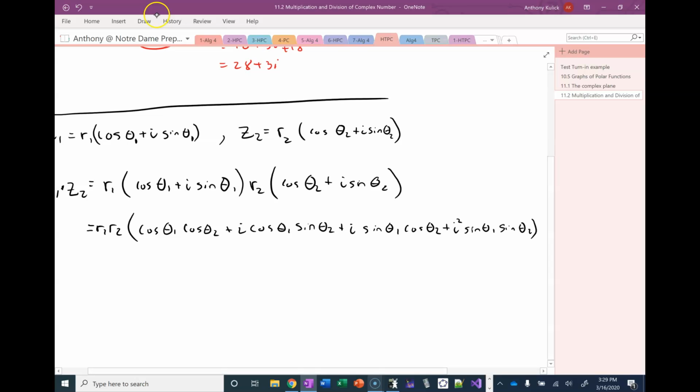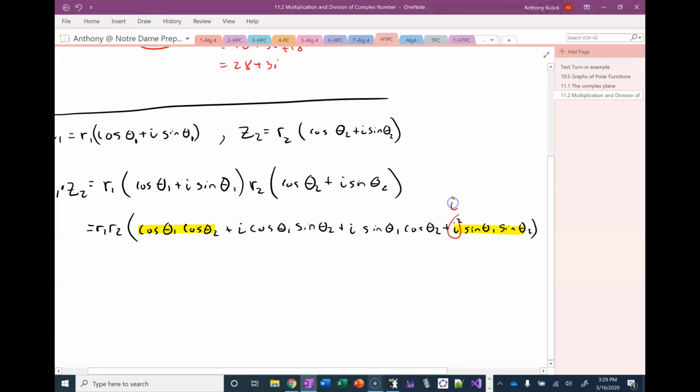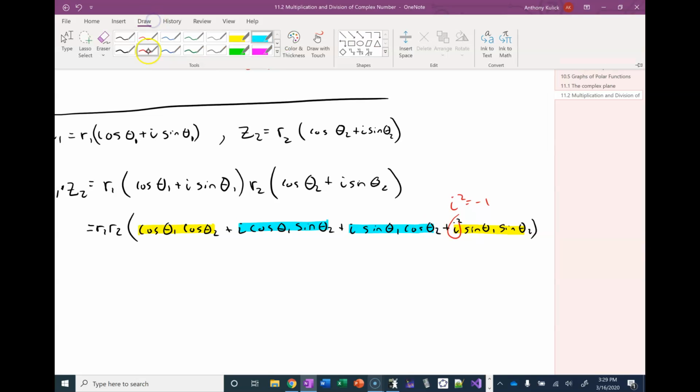So what I'm going to do now is I see that I have two pieces that don't contain i's, because remember, i squared is equal to -1. And then I have two pieces that do contain i's. So I'm going to group these things together.